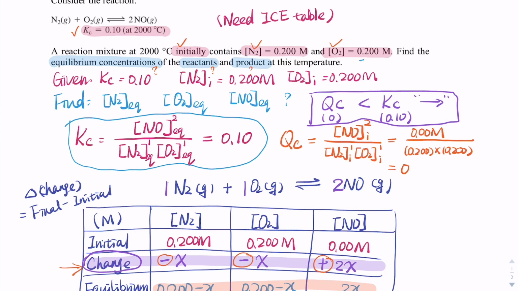Then you'll be able to express the equilibrium concentrations, put them back into the K_c expression, solve for x, and therefore solve the whole question. That's it for this video. Thank you for listening.